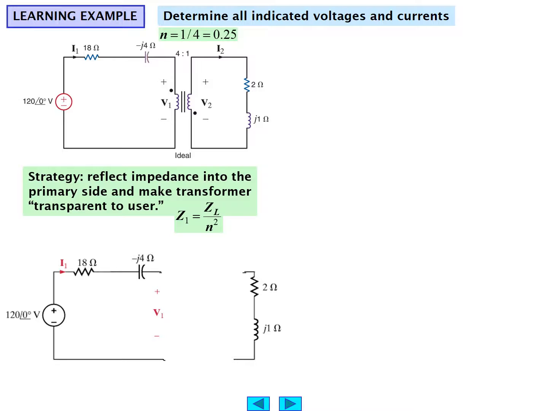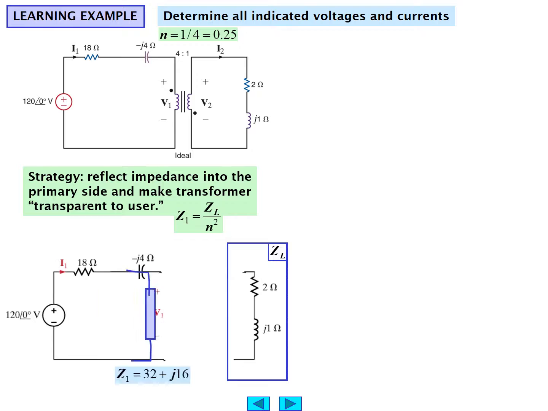Well, we're going to do that by first finding out what Z sub L is, of course, and then reflecting it into the primary circuit. Z sub L is 2 ohms in series with j1. So therefore, when we divide through by n squared, n of course is 1/4, n squared is 1/16. Notice it makes the impedance look larger. So Z1, the reflected impedance, is now 32 plus j16 as a result.